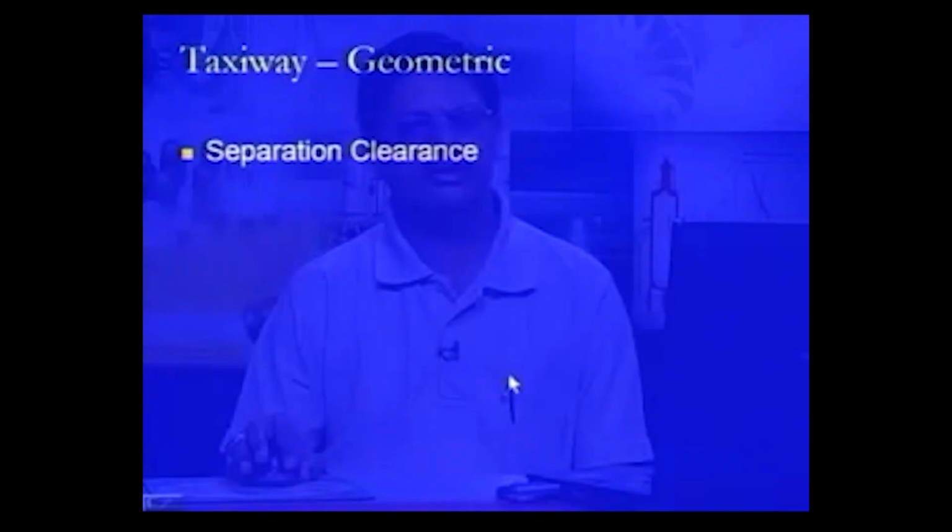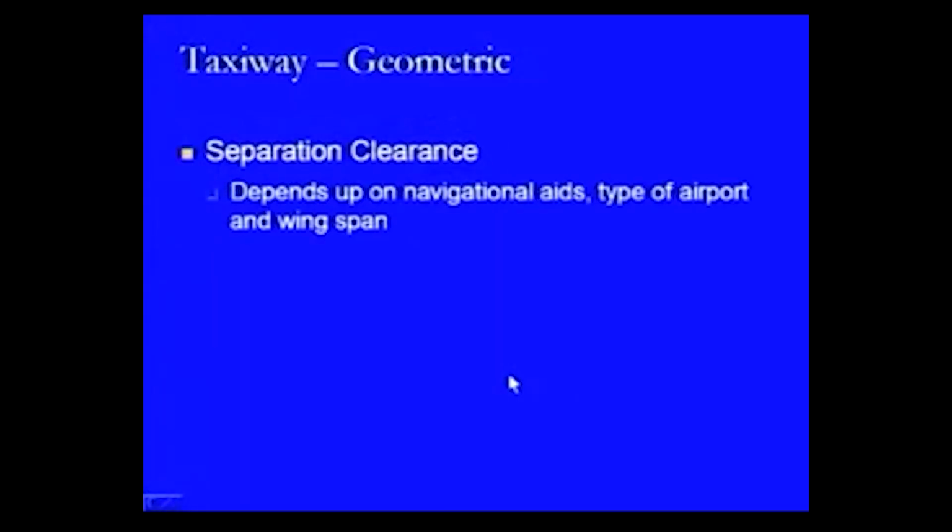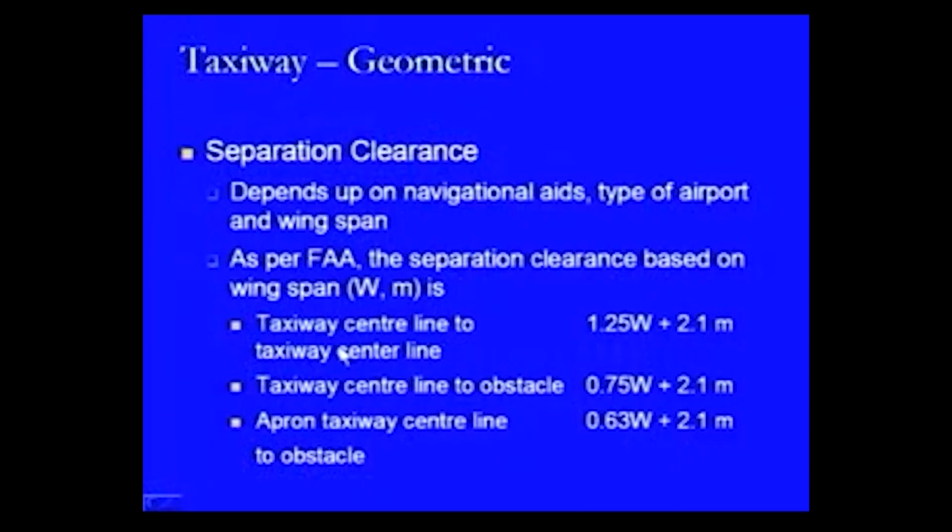Now, we look at another aspect, that is the separation clearance between the taxiways which needs to be provided, and this depends on the navigational aids, the type of the airport and the wingspan. These are the three factors which control the separation clearance. As per FAA, the separation clearance is based on wingspan, and in the case of taxiway center line to taxiway center line, it is taken as 1.2 times W plus 2.1 meters, where W is the wingspan.